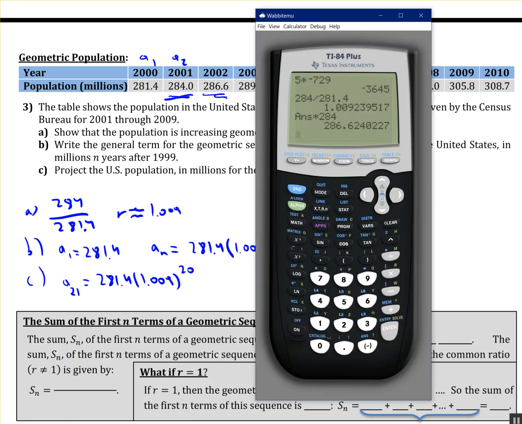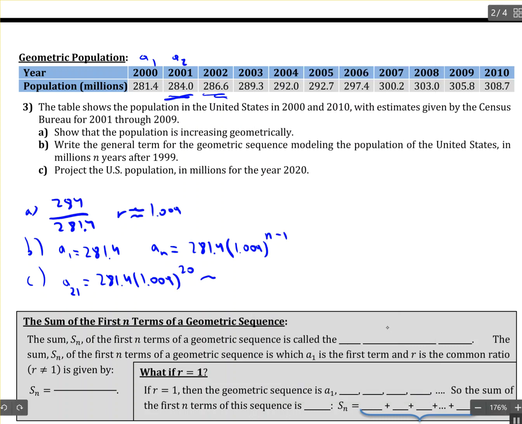We could even do it a little bit more accurately, go back and do this guy to the 20th times 281.4. And we get about 338.2. I don't really round it or not, I'm not that picky. So that's million people.